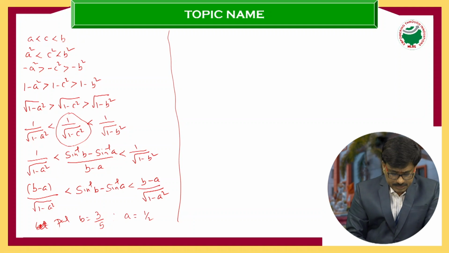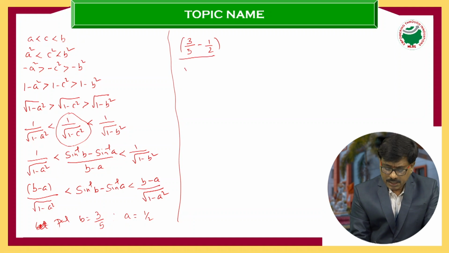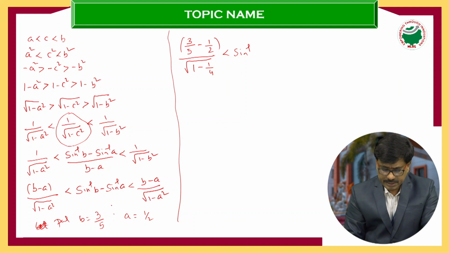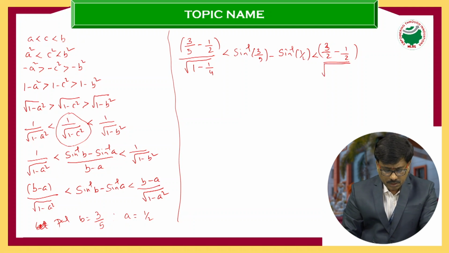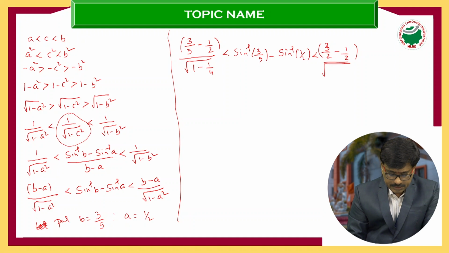In this inequality, this becomes 3 by 5 minus 1 by 2, which is the numerator, divided by under root of 1 minus A square, where A square is 1 by 4, less than sine inverse of 3 by 5 minus sine inverse of 1 by 2, less than 3 by 5 minus 1 by 2 whole divided by square root of 1 minus B square.